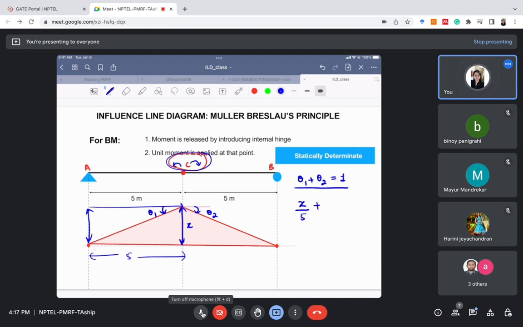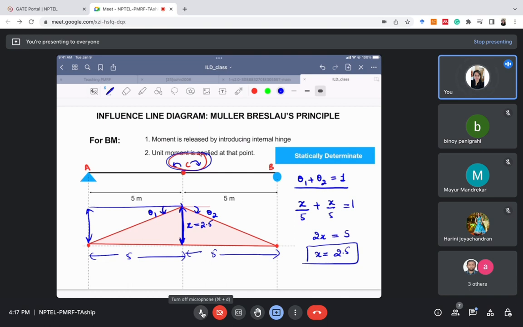Theta 2 is also perpendicular upon base, so the perpendicular is x and the base is 5 here also. So x divided by 5 plus x divided by 5 equal to 1, so 2x equal to 5 and x is equal to 2.5. The value of the ordinate has also been calculated.